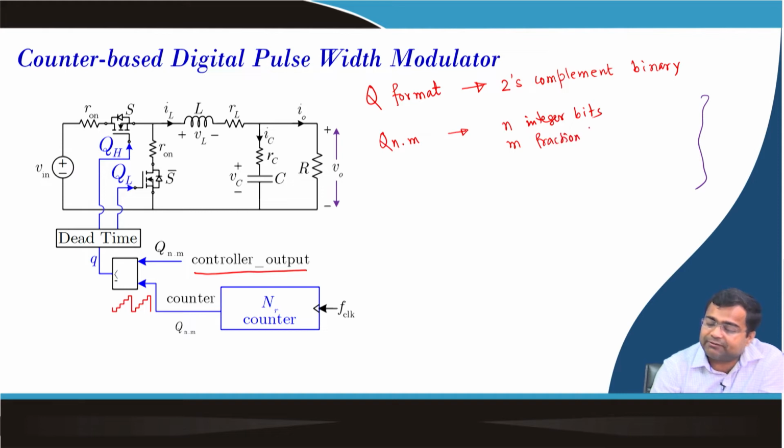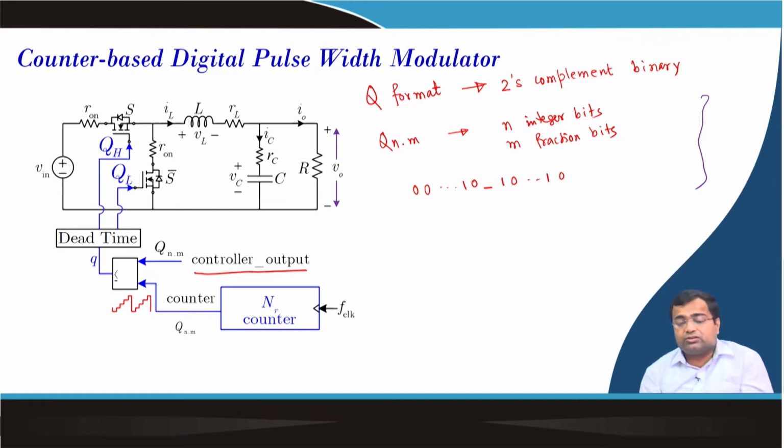There is no physical fraction because it is a notional concept. For example, 0 0 some 1 0 underscore some 1 0 1 0, like this. This is a notional concept which Verilog ignores, but it just represents n bits on the left side and m bits on the right side, as we have discussed.